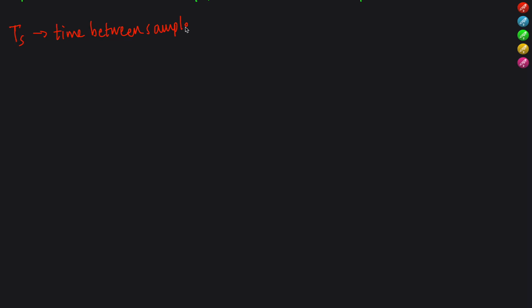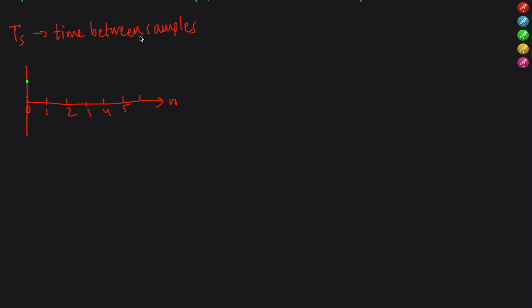When I'm creating my signal, 0, 1, 2, 3, 4, 5, 6, these are my time steps. In real life, I might find out this value and say my next value happens 0.2 seconds after. So basically every 0.2 seconds, I'm taking a new sample. That's my value of TS.